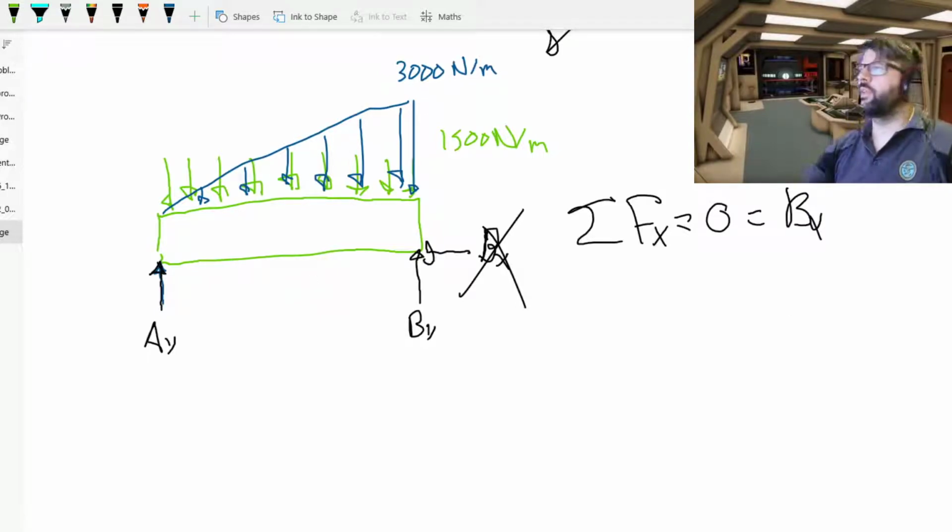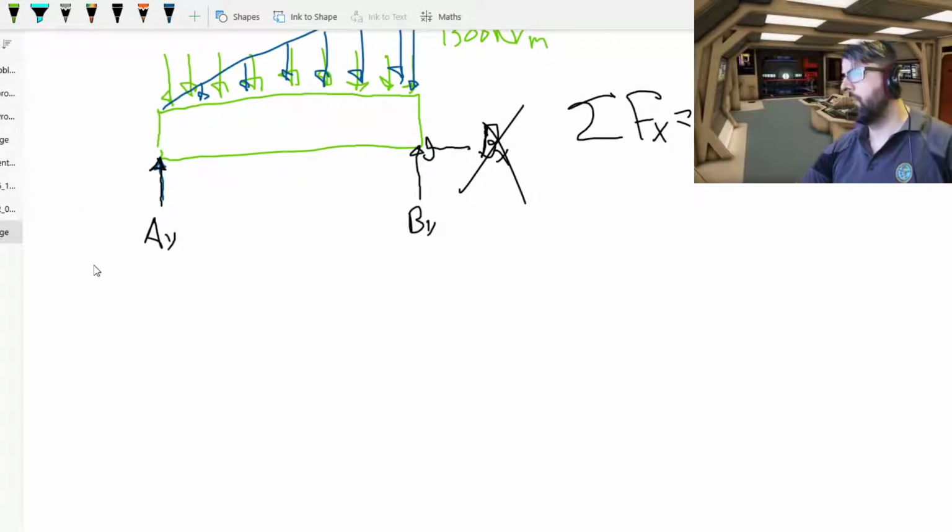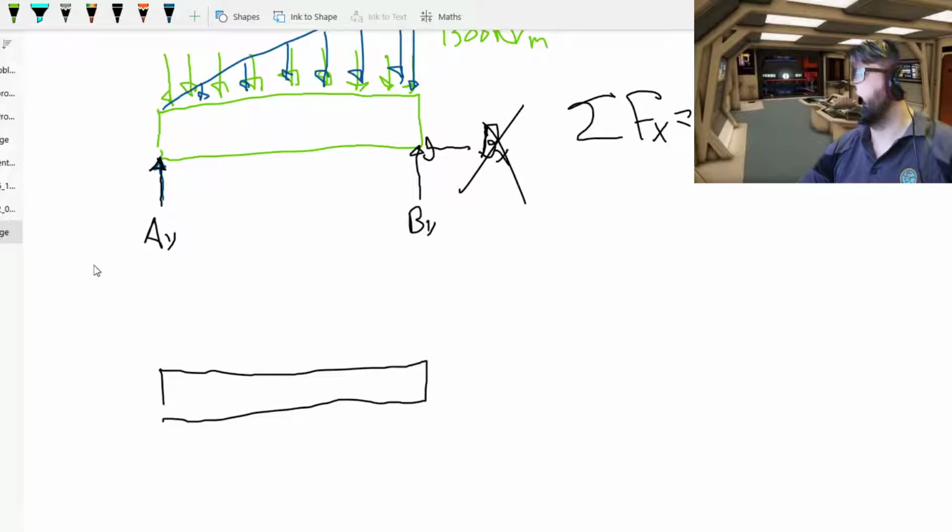So we want to take these distributed forces and replace them on the graph with an equivalent concentrated load, because otherwise we can't really figure out what's going on at our supports.